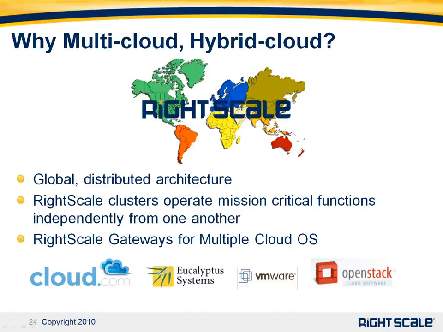VMware's vCloud, which is an evolution of their vCenter, as well as OpenStack, aren't as far along, but those are supported as well. We have done prototypes. We presented the first one at VMworld last year, so not this past one in August, but the one last year, and that will be supported. Also, it's worth noting that both Cloud.com and Eucalyptus can run on VMware ESX hypervisors. So you have that option as well.